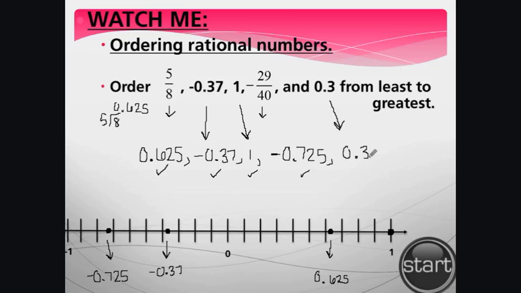And last but not least, we have 0.3, which is to the right of our 0. 0.1, 0.2, 0.3 is right here on our number line. So in having all of these rational numbers, we changed our fractions to represent decimals so that we all have them in the same form, and then ordered them from least to greatest.